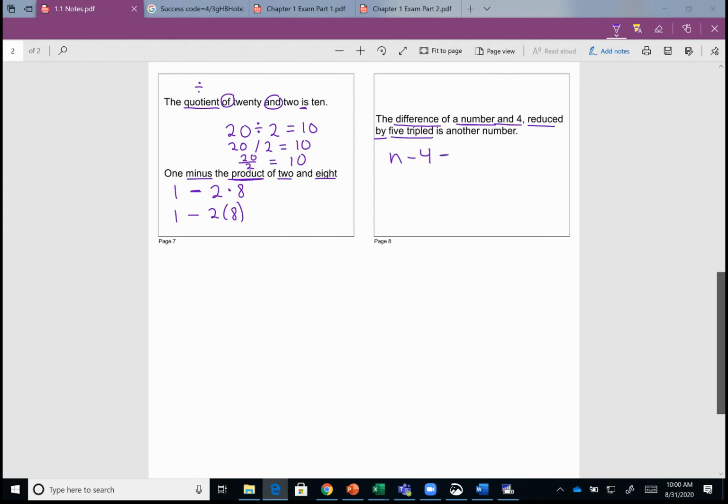5 tripled. If we triple something, well, let's see, if we hit a triple in baseball, that means we got to run 3 bases. So if we triple a number, we need to multiply by 3. So you can either use the dot or the parentheses. Is means equals. And then another number, we have to use another variable.